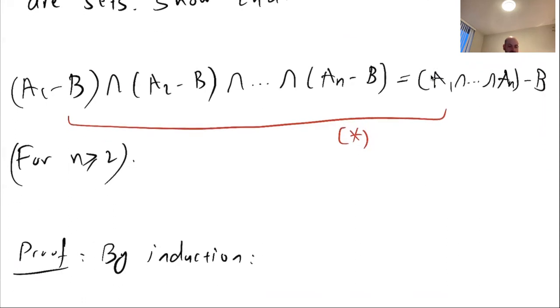Please remember that the induction is on the number of sets. So in the basis step, I assume that there are only two sets. But which two sets? Those two sets are arbitrary. They could be finite sets or infinite sets. But I just know that there are two sets, A1 and A2, and I verified this equality or identity for two sets.